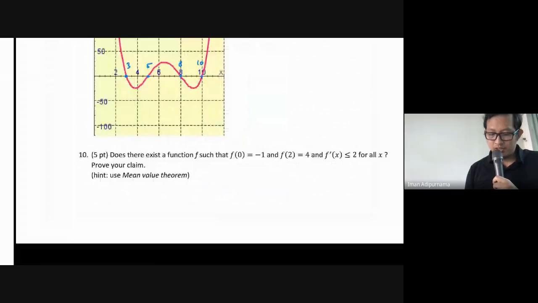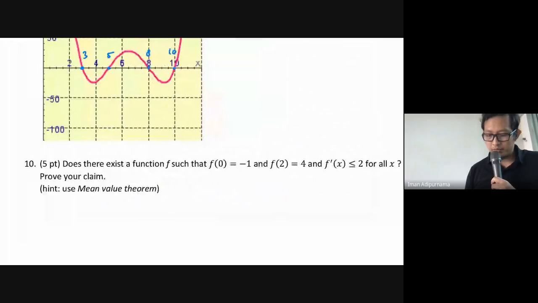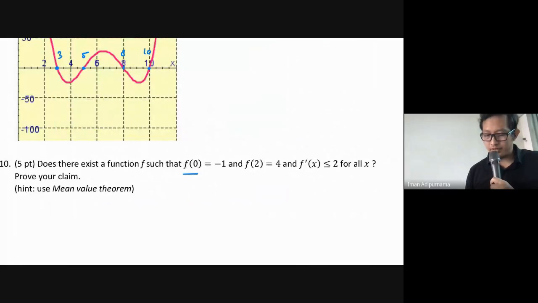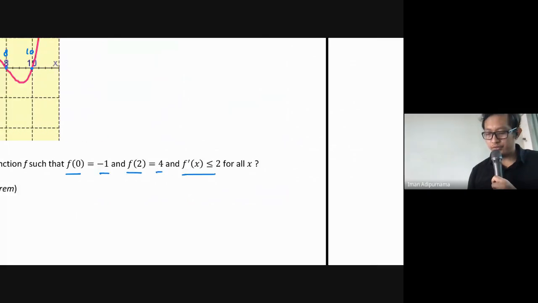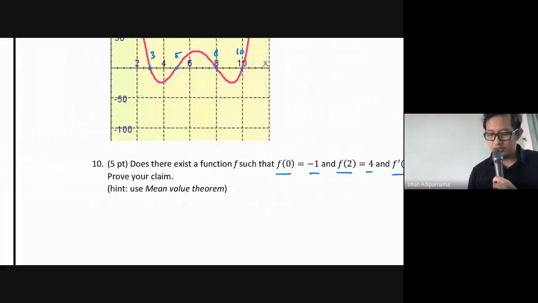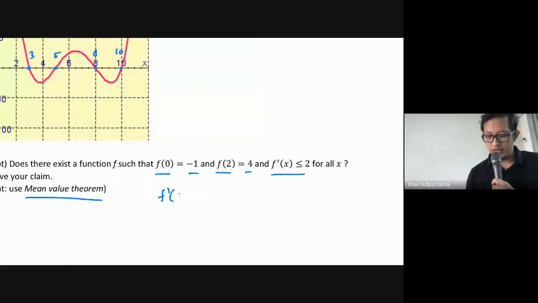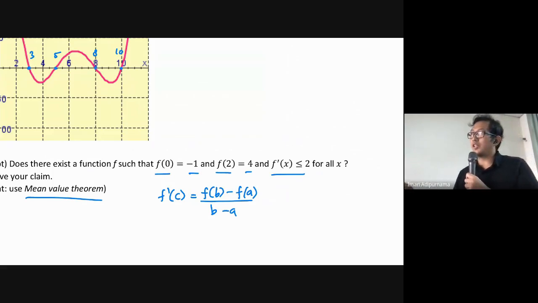And then, does there exist a function such that f of 0 is -1, f of 2 is 4, and f prime is always less than or equal to 2 for all x? We already wrote the mean value theorem, so use the mean value theorem. First we need to check the number c.